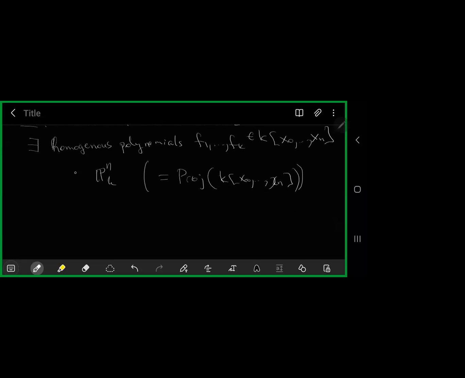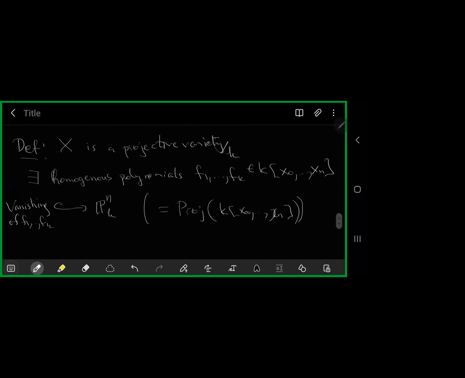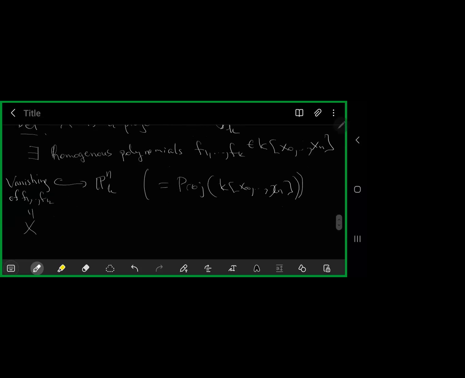And inside here, I'm going to look at the vanishing of f1, ..., fk. So I look at all the points where all those functions vanish, and I want X to be equal to that.